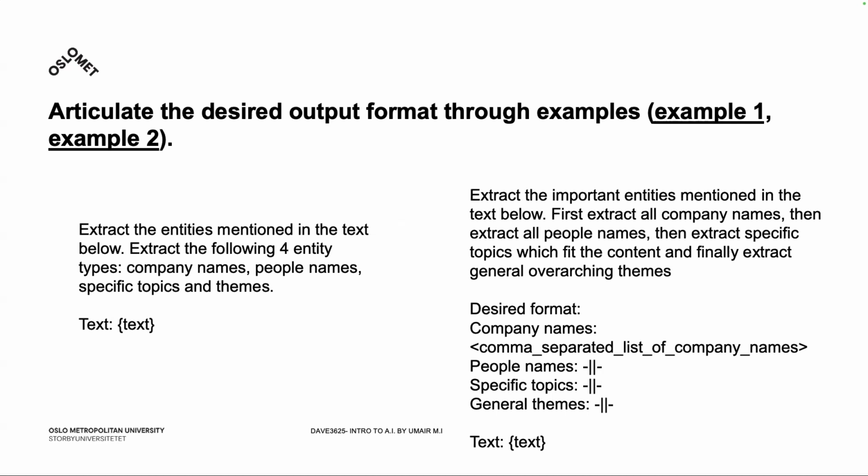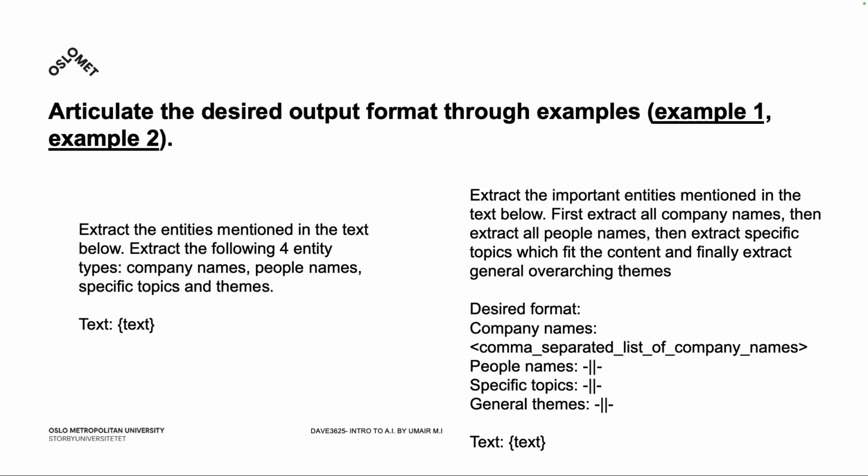Another way would be to give it examples. You can give it a lot of examples of the things you're trying to solve. One way would be to say, extract entities mentioned in the text, whatever the text can be, and extract the following information from it.